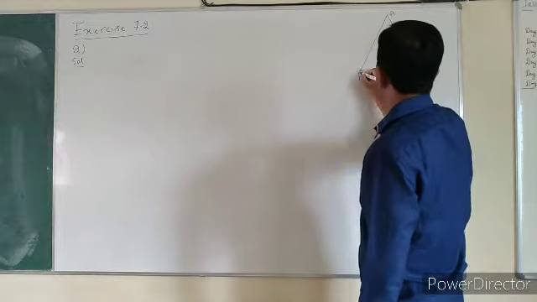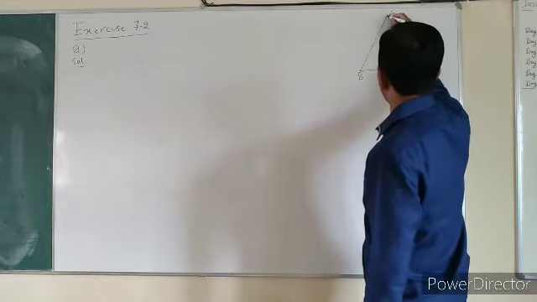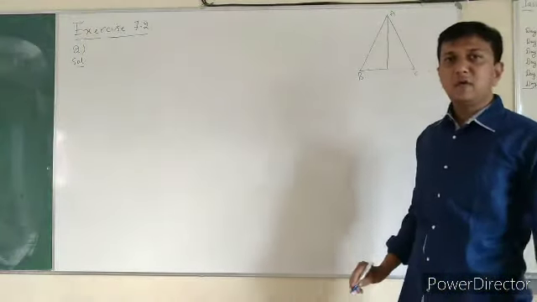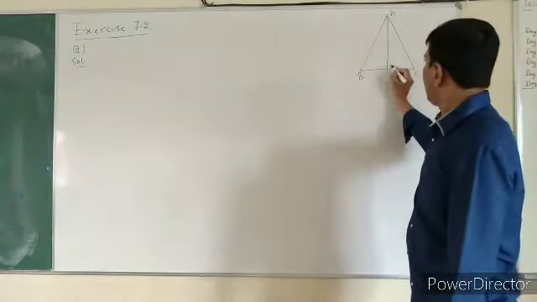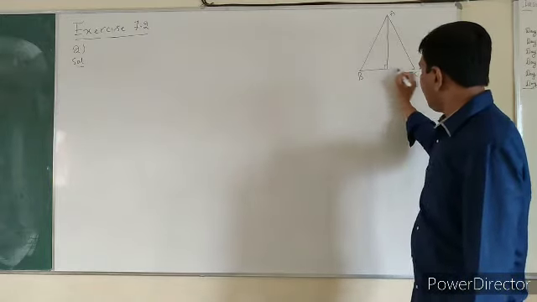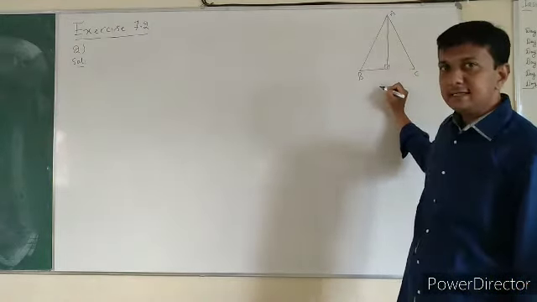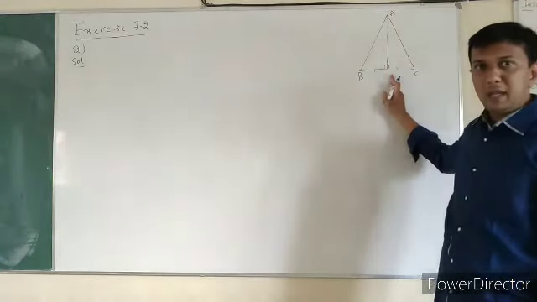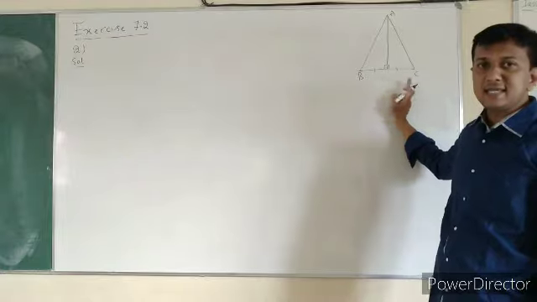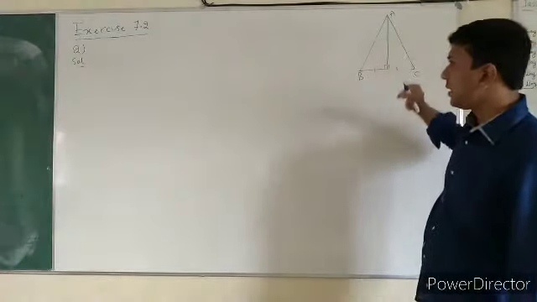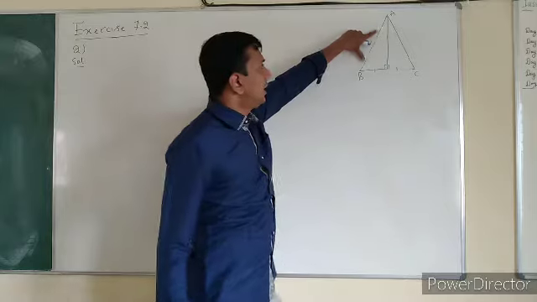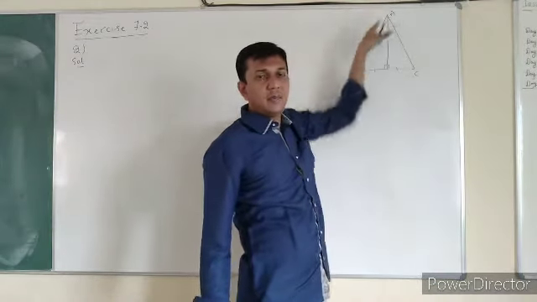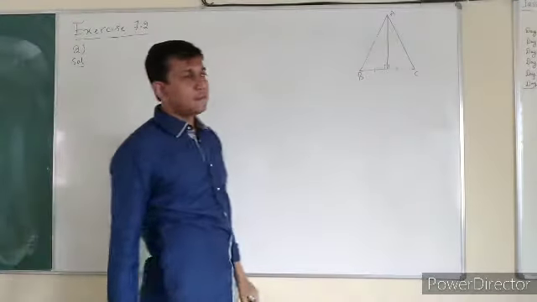What is the meaning of perpendicular bisector? It will be perpendicular to the base as well as divide the opposite side into two equal halves. Now I have to prove that AB is equal to AC, and by that prove that ABC is an isosceles triangle.